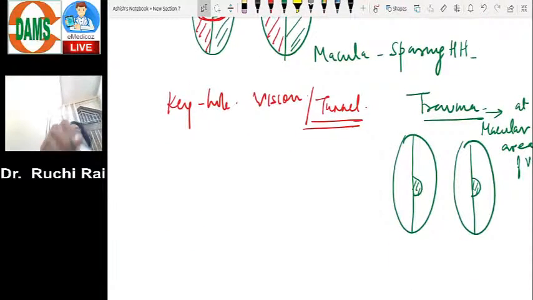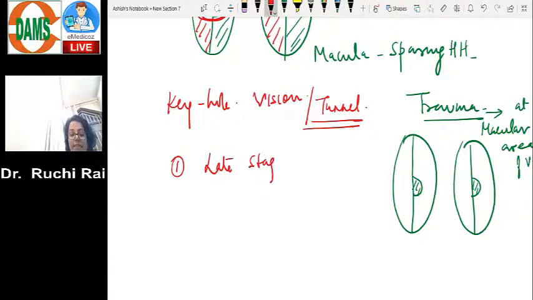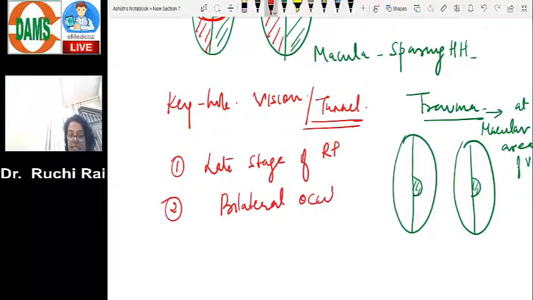Apart from macular sparing, that means visual cortex lesions, what else you should know about tunnel vision is late stage retinitis pigmentosa. So we can talk about macular sparing with PCA, that is bilateral occipital lobe lesion, which we have just discussed. Then late stage retinitis pigmentosa. I cannot take retina here, but you can note down the list.